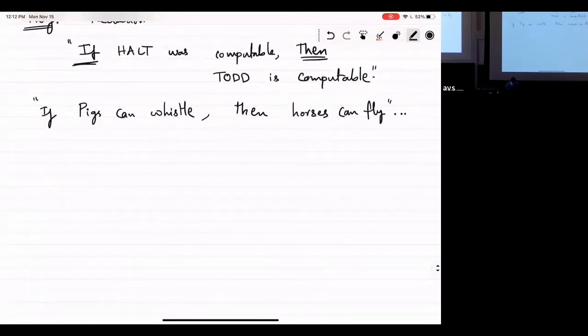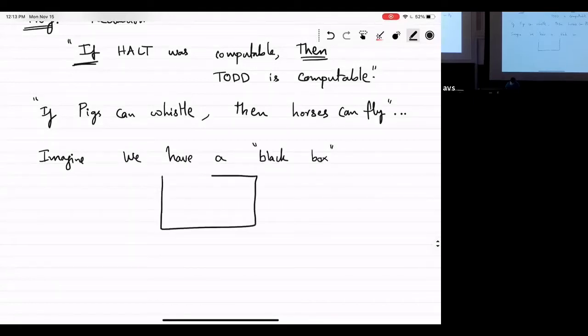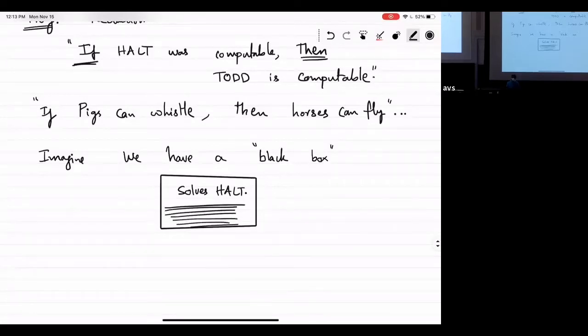So imagine we have a black box. We don't know how it works, what it does, but it solves halt. What can I do with this box? We're going to show that with this box in hand, we can actually solve the toddler problem.